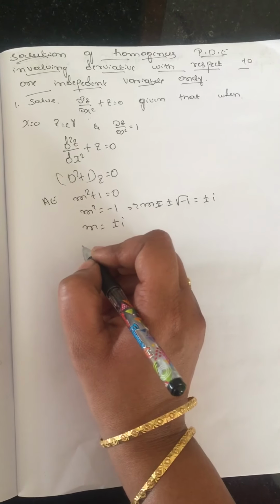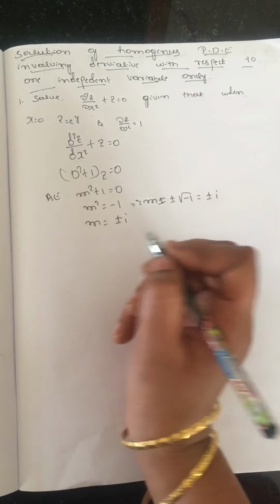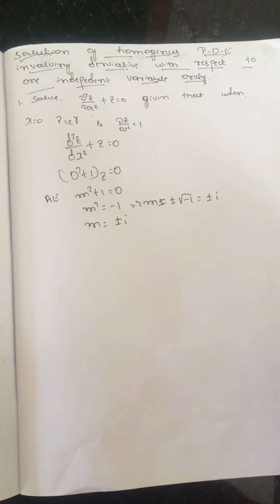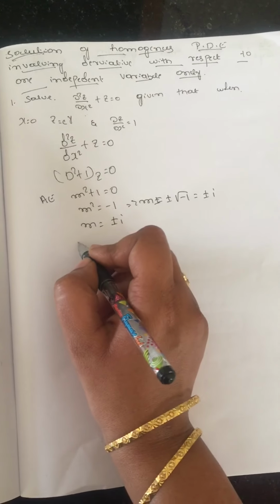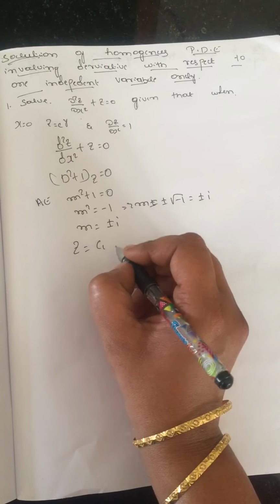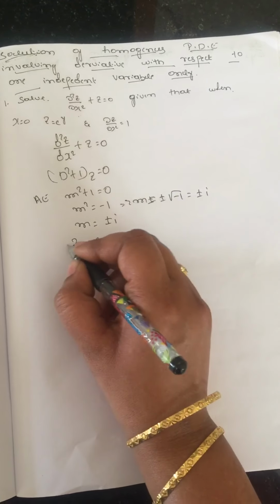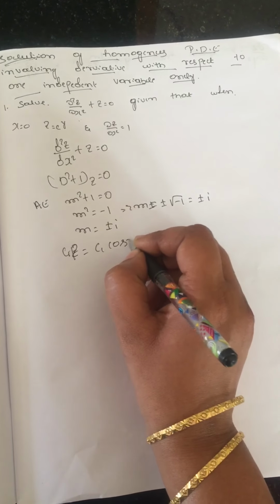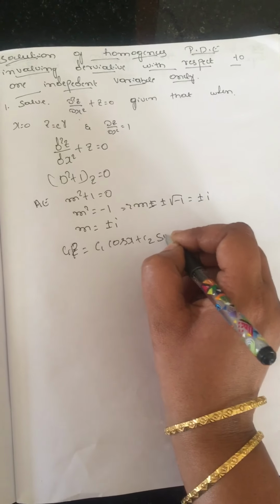In the homogeneous case, the complementary function itself is the solution of the differential equation. That is, z is equal to the CF, which is C1 cos x plus C2 sin x.